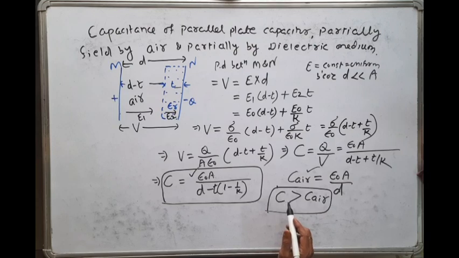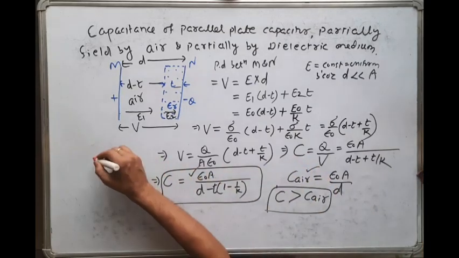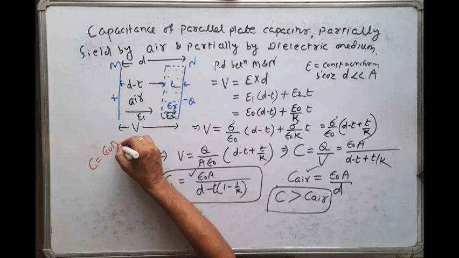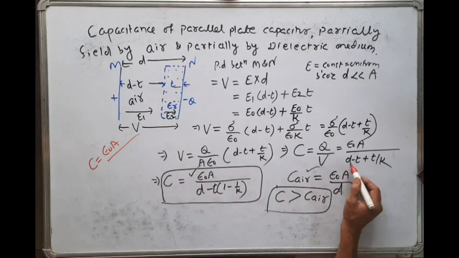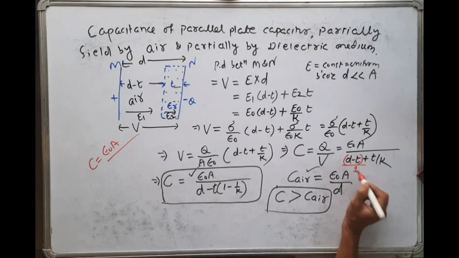Okay. Then there is another very shortcut method of the formula you can remember here. You see, this capacitance I can write as epsilon naught A by D minus T plus T by K. I can write D minus T as D minus T by 1.